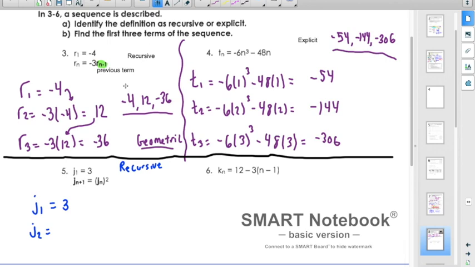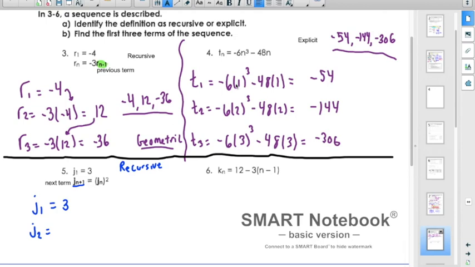Remember that whatever this piece is right here, this j sub n plus 1, all that means is that it's your next term. All right, that's what we're trying to find next, aka j sub 2. And then whatever it equals, even though it might not say j sub n minus 1, it's different here because it says j sub n plus 1.